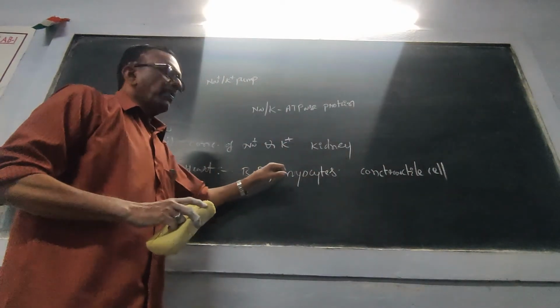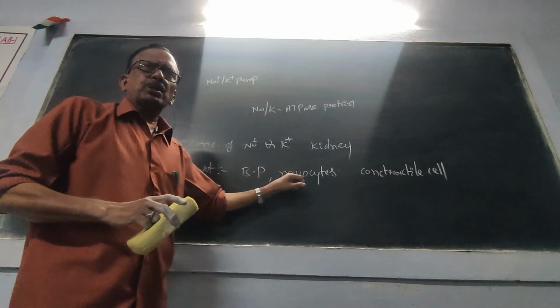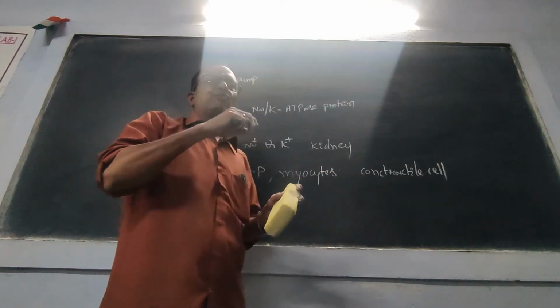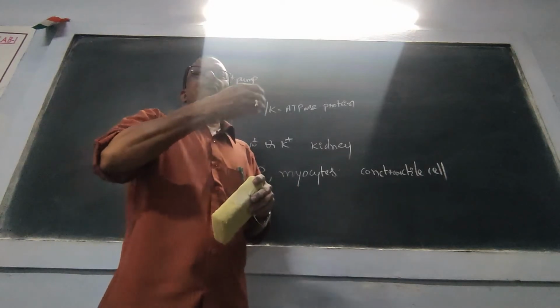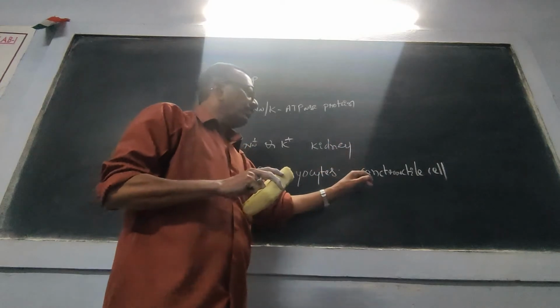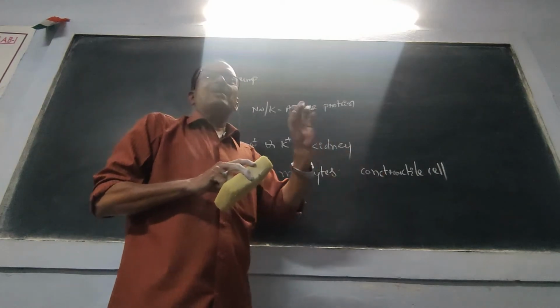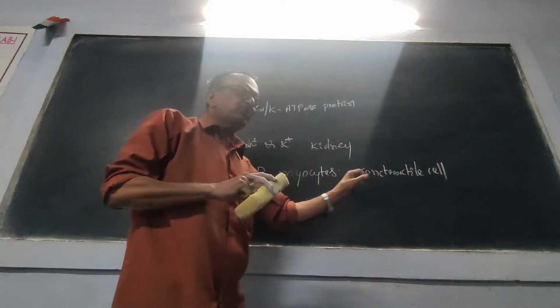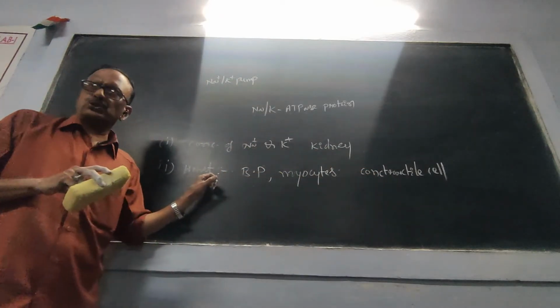These myocytes are responsible: they will contract and propel the blood. Propulsion means movement of blood. Why is blood flowing in the blood vessels? Because the myocytes contract and pump the blood, so that it is distributed to the heart cells also.